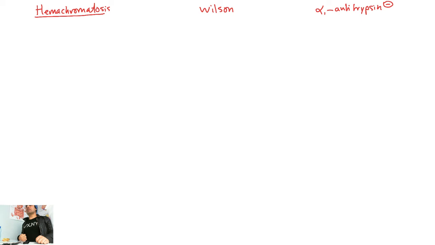Okay, so 3 conditions: hemochromatosis, Wilson's disease, alpha-1 antitrypsin deficiency. Now, in hemochromatosis, there's abnormal iron metabolism. How? Well, there's increased iron absorption.